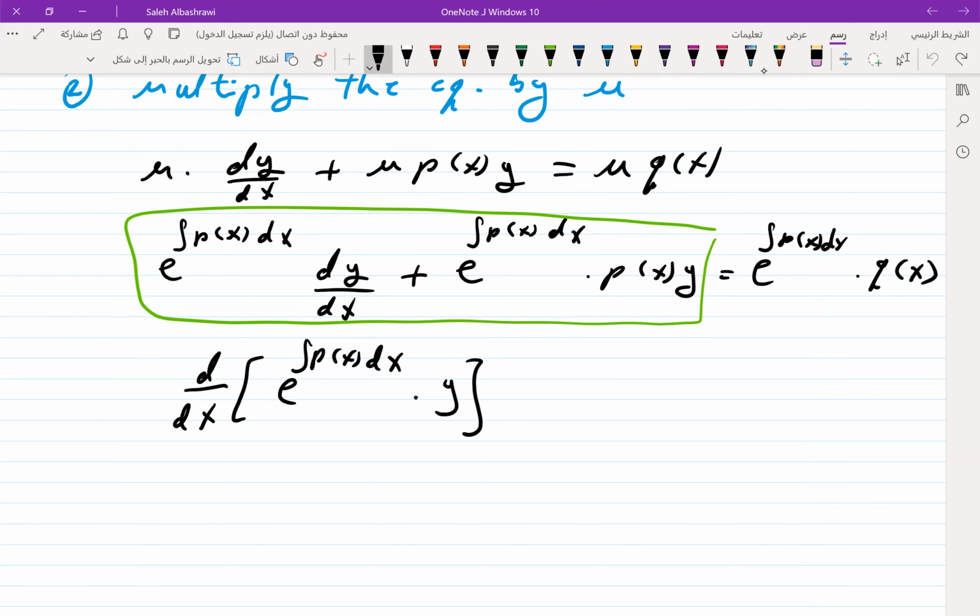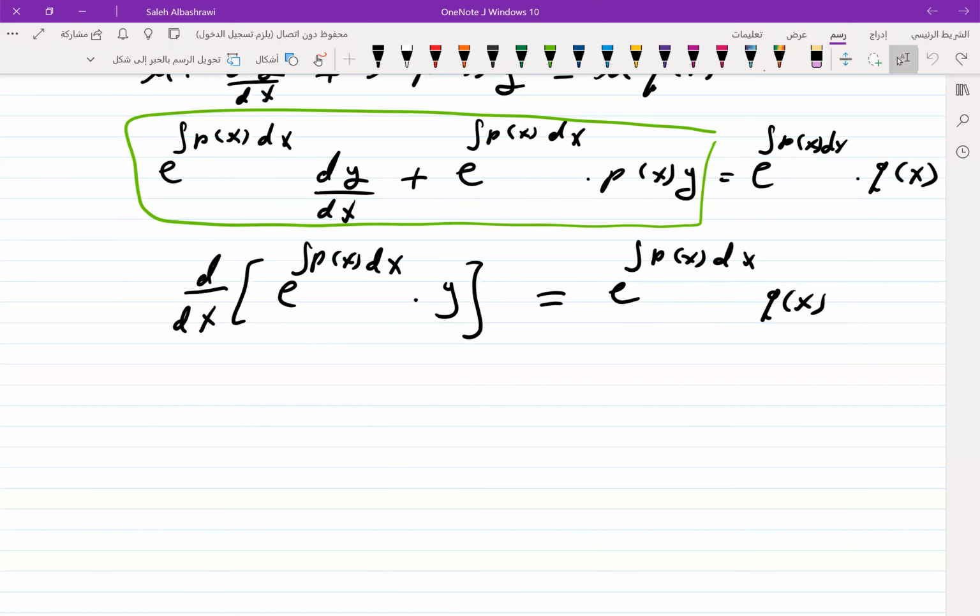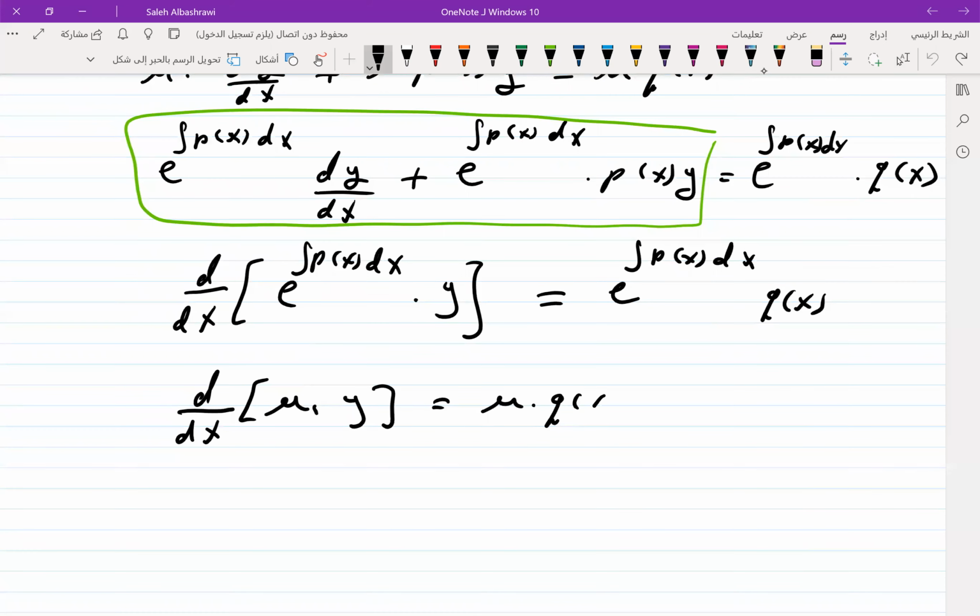It is the derivative of e to the power of the integral of b(x) dx multiplied by y, equal to e to the power of the integral of b(x) dx times q(x). Or it is just d/dx of mu y equal to mu q(x).